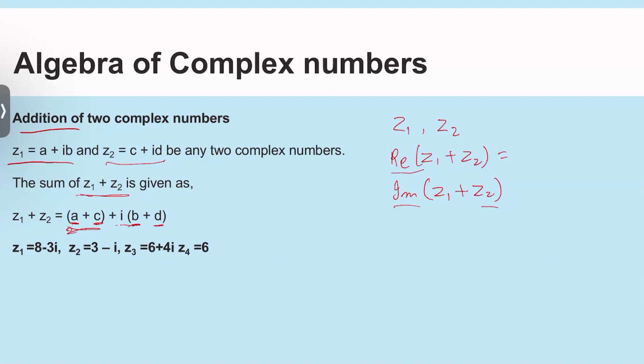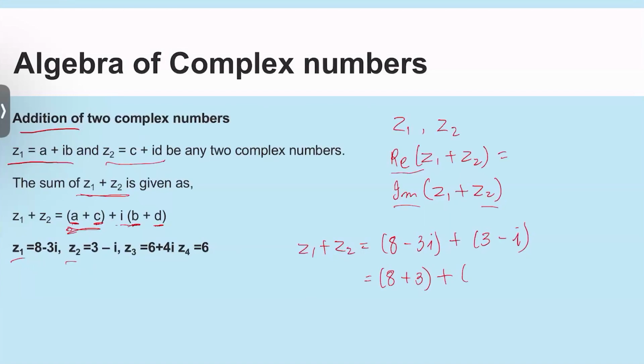For example, if we take Z1 and Z2 over here, Z1 plus Z2 will be equal to 8 minus 3i plus 3 minus i. You bring the real parts to one side, 8 plus 3, and keep the addition sign outside since we are adding.